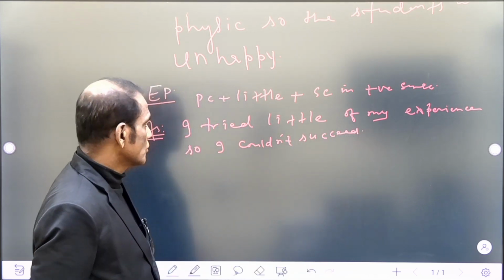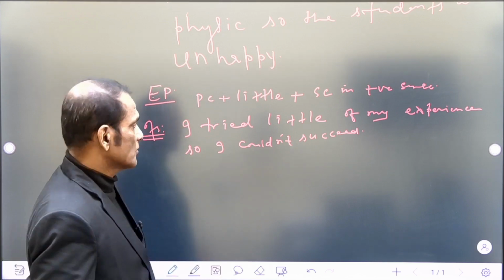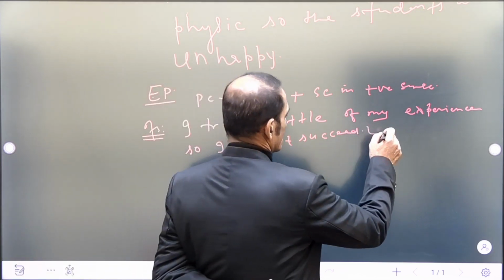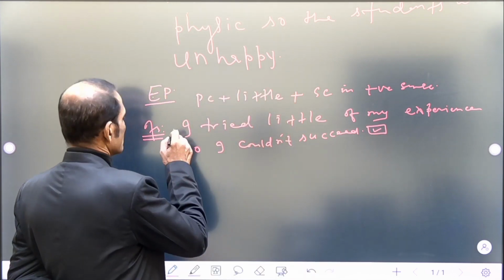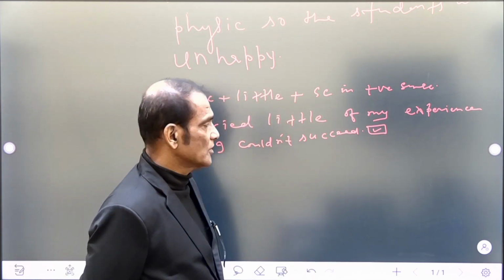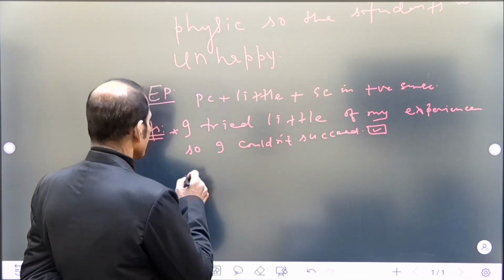So here is could not. It means this sentence is correct. But if you write, so I could succeed, this is error.